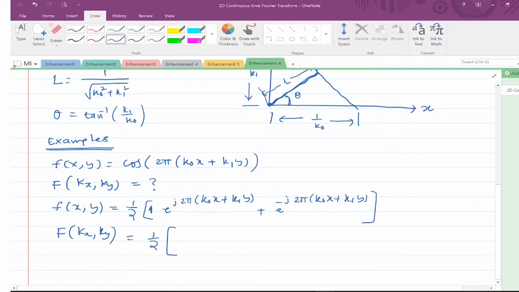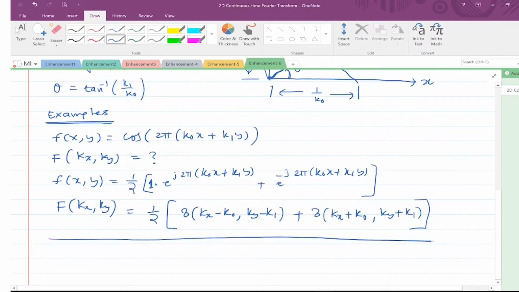Anyway, this is equivalent to multiplying it with 1. For 1 it is delta of kx comma ky, that's getting multiplied by this complex exponential, which would give you an impulse function at kx minus k naught and ky minus k1, isn't it? Plus here again this is equivalent to kx plus k naught comma ky plus k1.